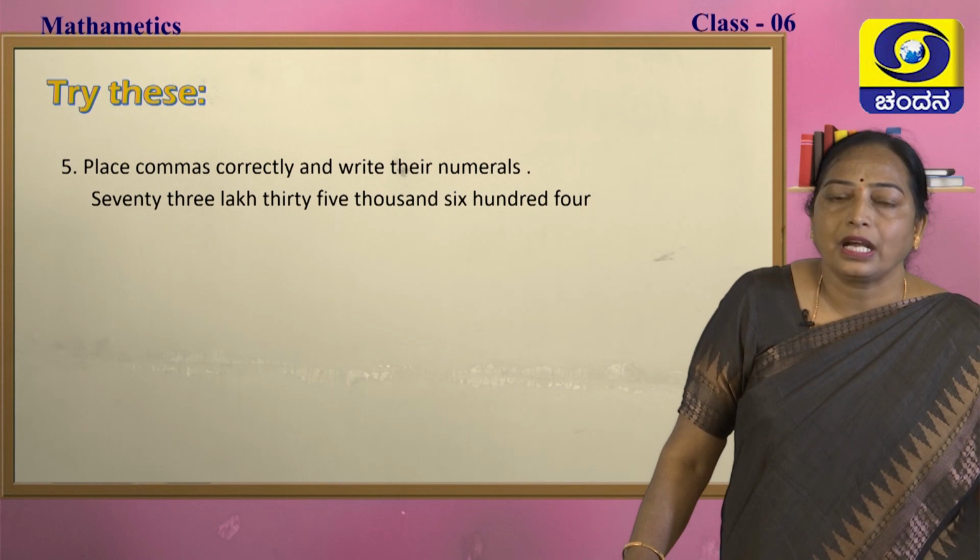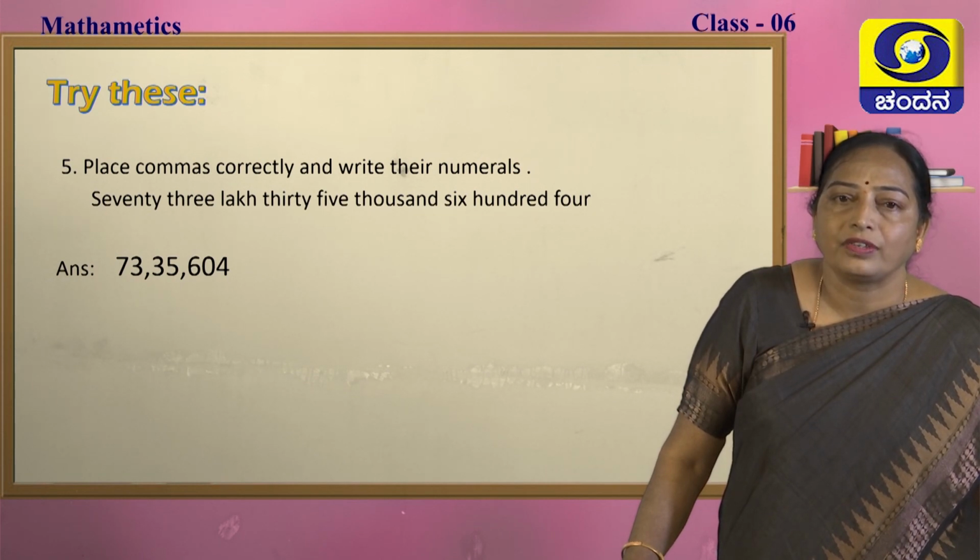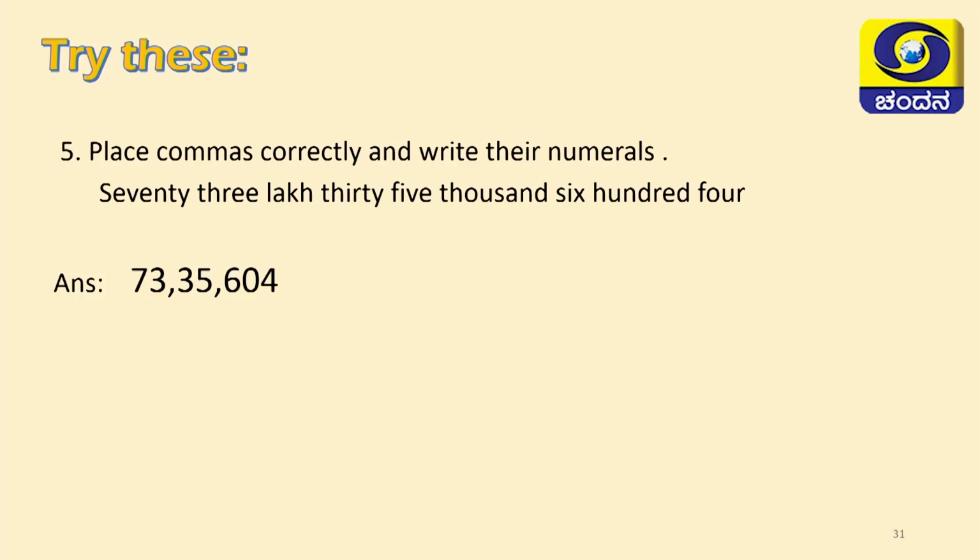How do we put the comma here? After 73, one comma, after 35, one more comma. Yes, 73, 35, 604. The number is 73,35,604.